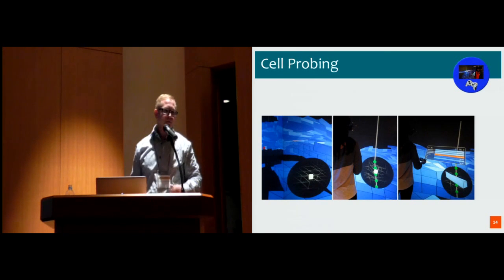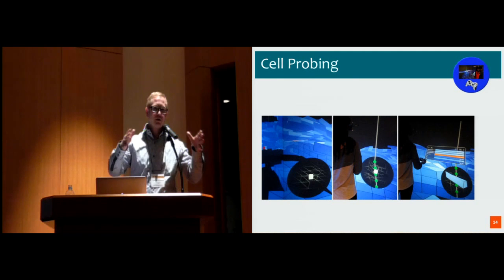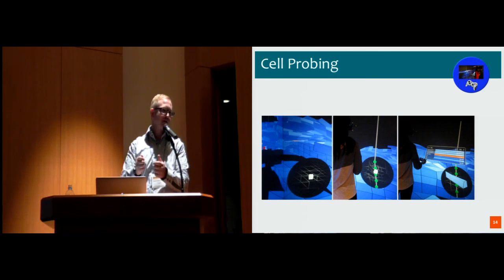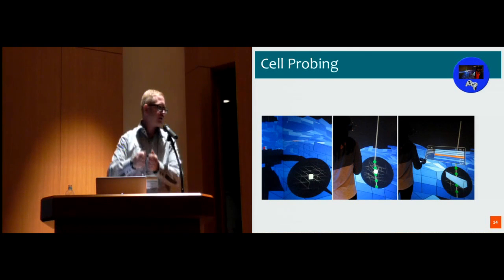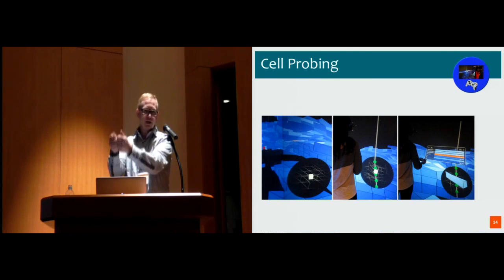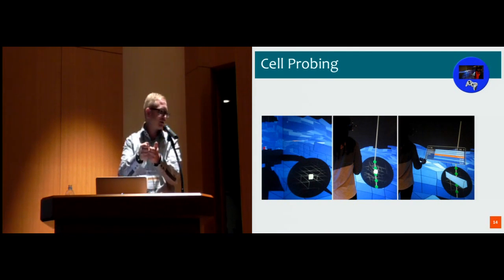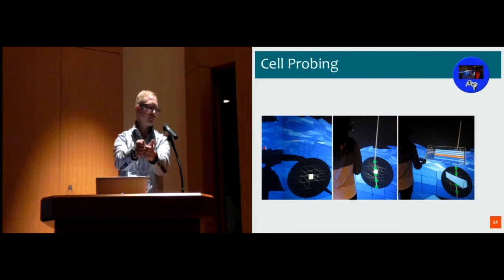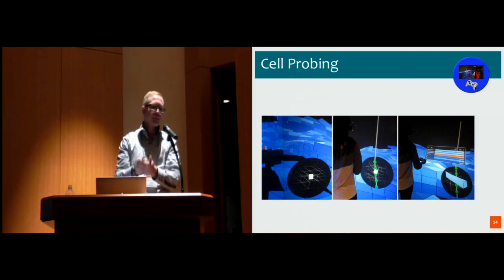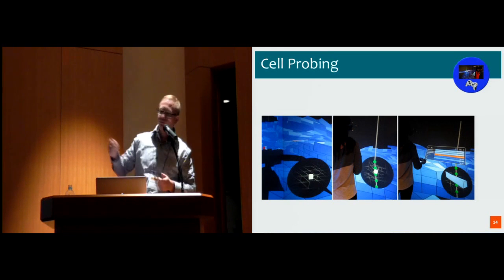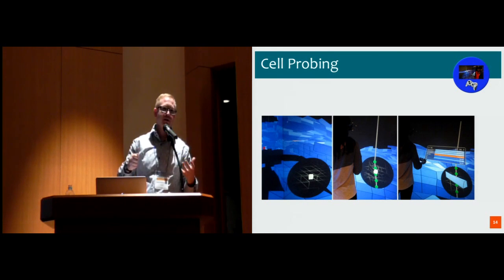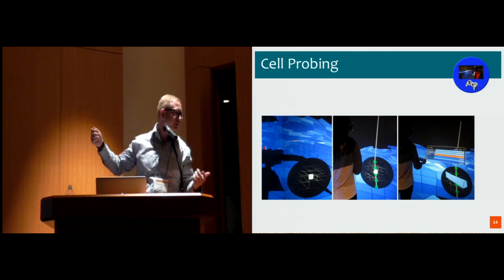For the cell probing, you've got to remember we have this complex 3D data set. So you press a button and the ray turns into a three-dimensional cursor with a transparency bubble around it. And then you can actually probe into the data set. So you can scan the surface, but then using the transparency bubble, you can probe into the reservoir as well and find cells within it. But so that you can have a good context and understand what cells you're interacting with, we still maintain a wireframe of the cells.